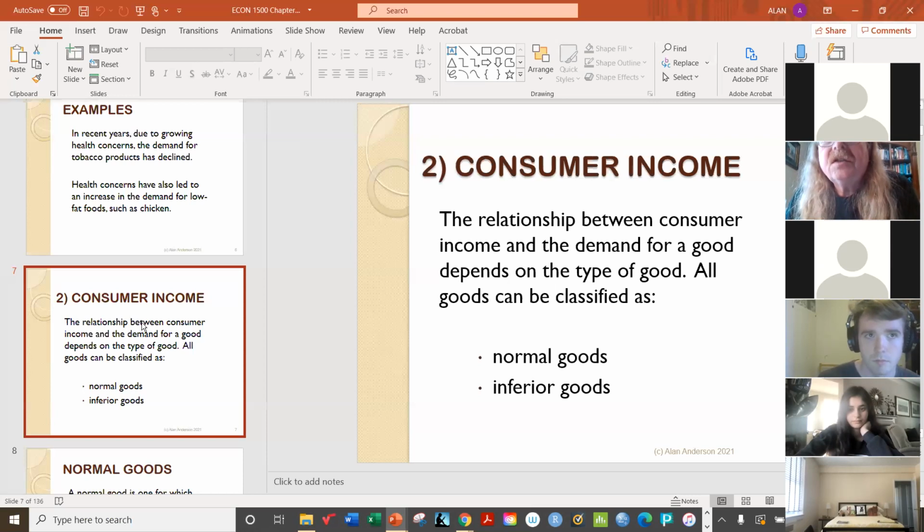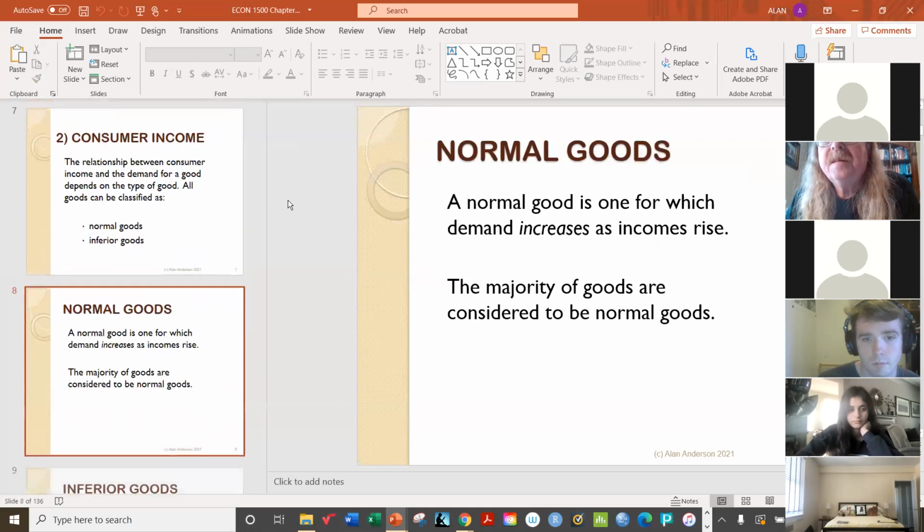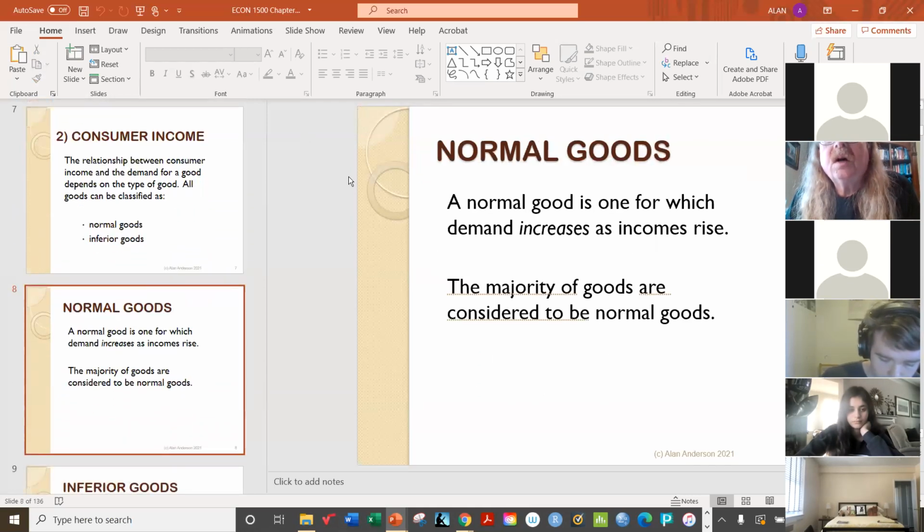So we're going to assume that there are just two types of goods, and the way we can tell them apart is the following. A normal good is just one for which people buy more when their incomes go up, which is really most goods in the economy. But then what about these inferior goods? What does that mean?